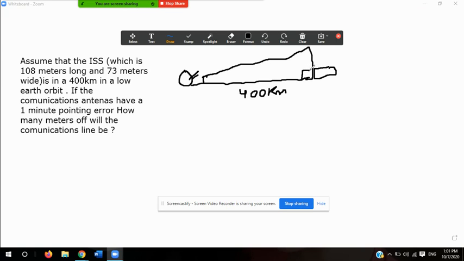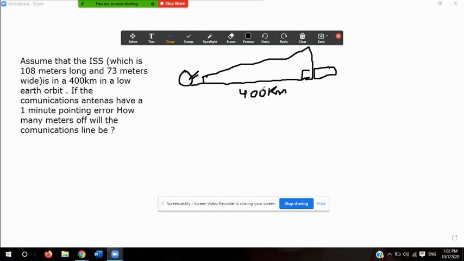They want to know how many meters off. So what we need to do is find the hypotenuse in this case. Why the hypotenuse?